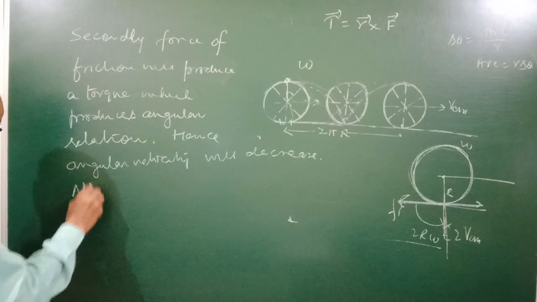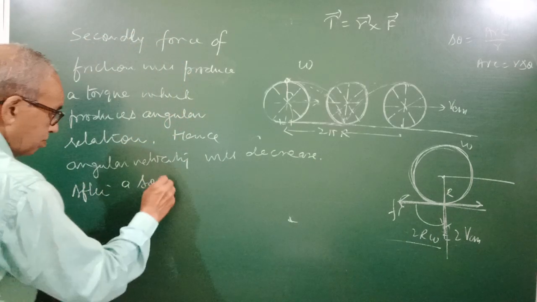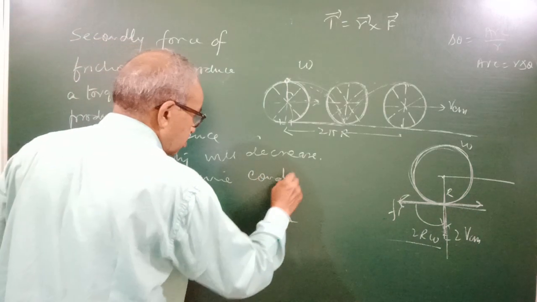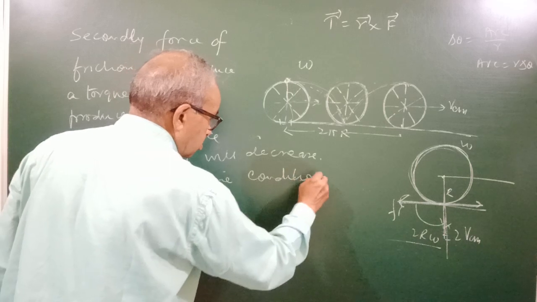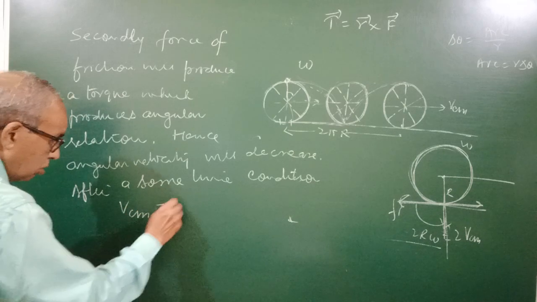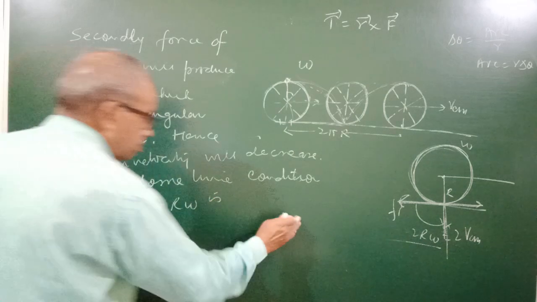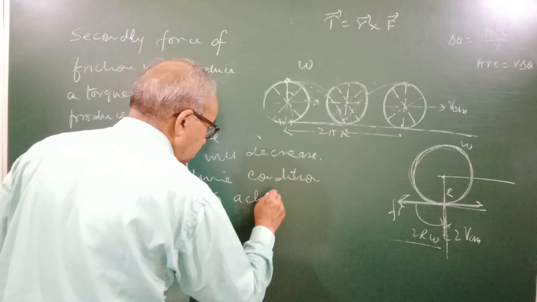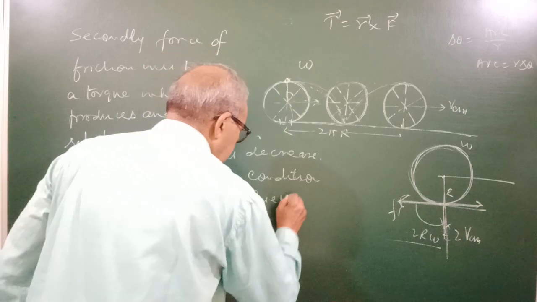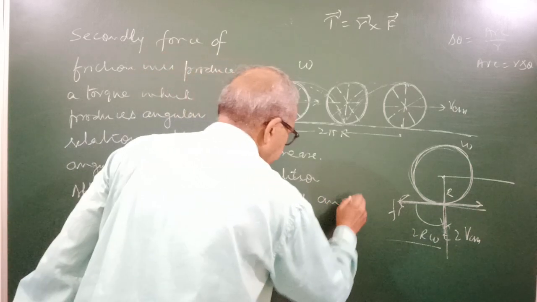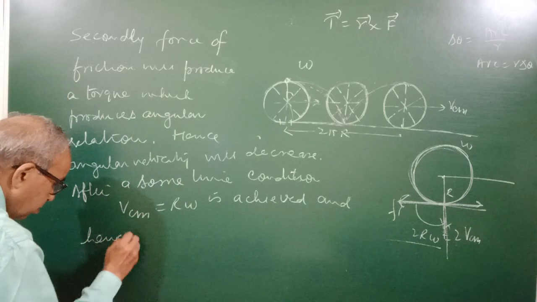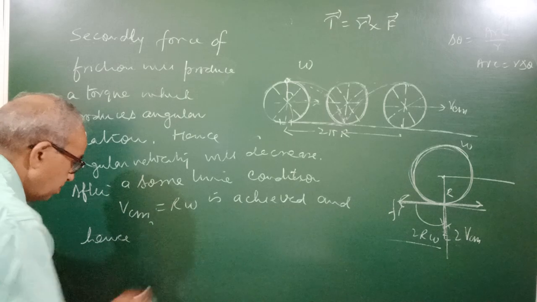After some time, the condition VCM equal to R omega is achieved and hence perfect rolling begins.